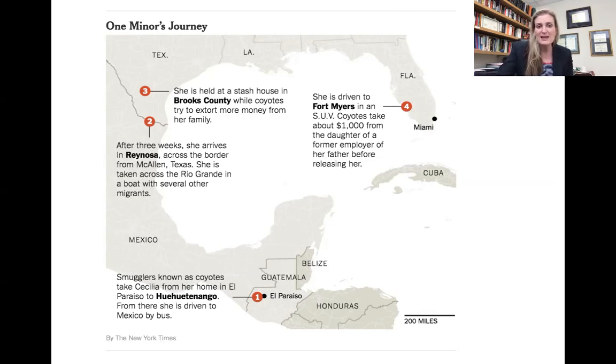So what we're getting at here is the binary between smuggling and trafficking, which also reproduces the idea that a person chooses to migrate versus is forced to, right? Where if you're paying a coyote, somehow it's your decision of free will, but when you're being trafficked, it's against your will. What we see is that it is not a binary.